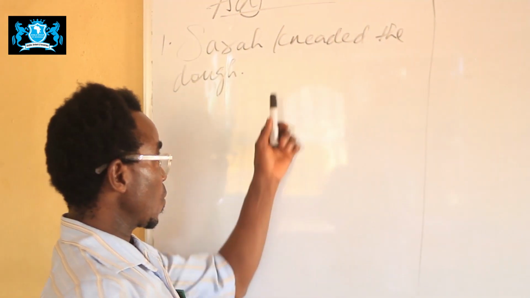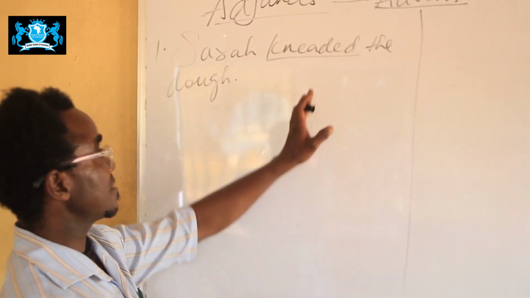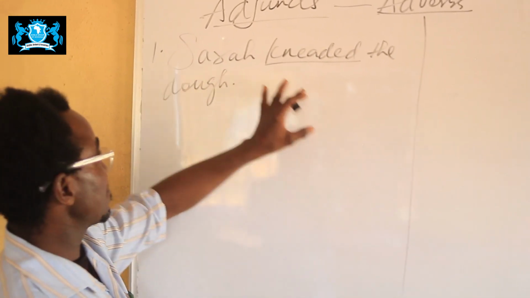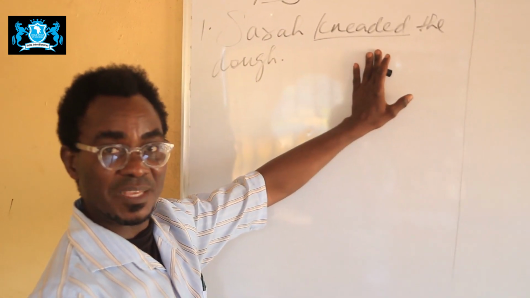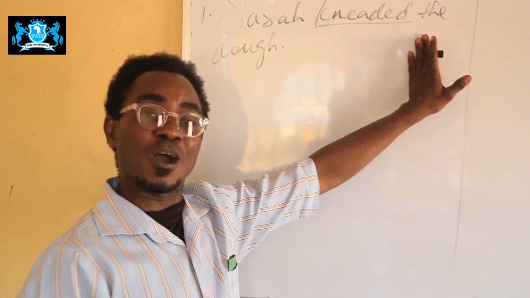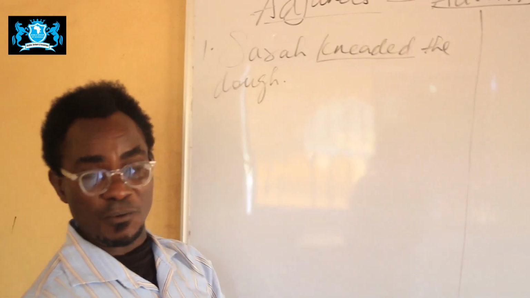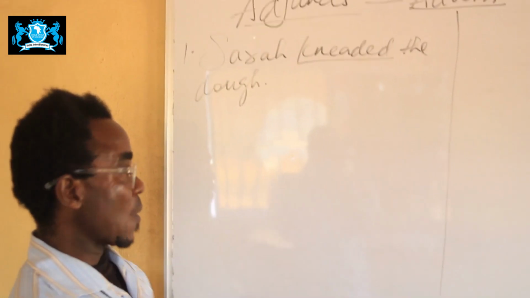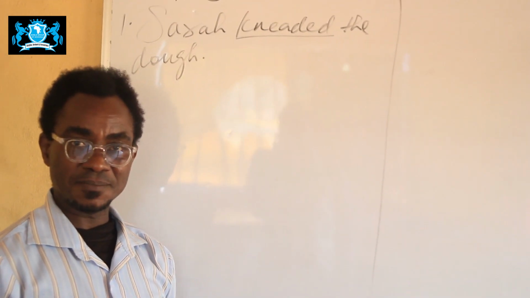We are told what Sarah did, and the verb which illustrates that action is needed. Therefore, Sarah, the subject of the sentence, needed something. What she needed is the dough, and the dough, therefore, is the object of this verb, which is a transitive verb or an action verb. There is no adverb in this sentence, probably because none is needed.